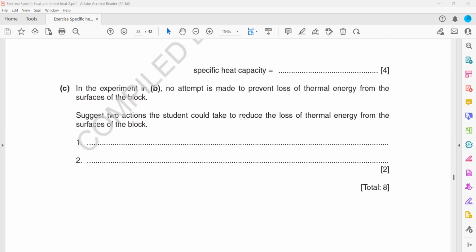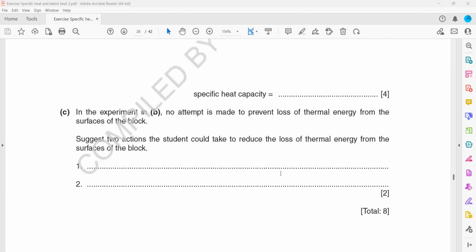In the experiment, no attempt is made to prevent the heat loss. So there are two actions which will minimize the heat loss. Lagging, okay, one thing, good. What else?